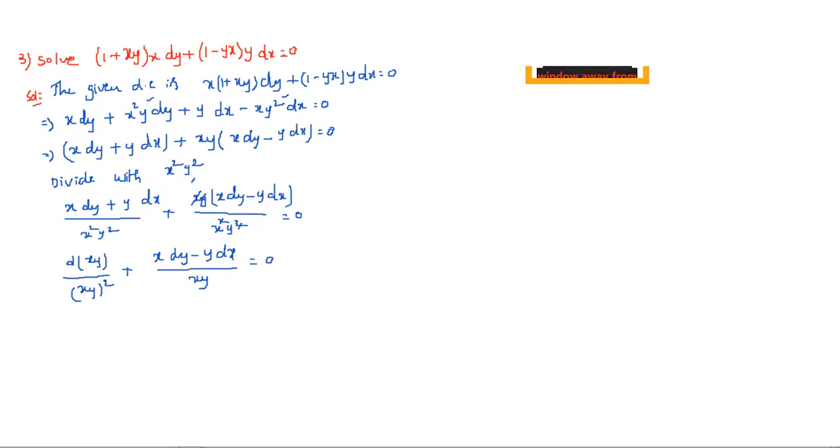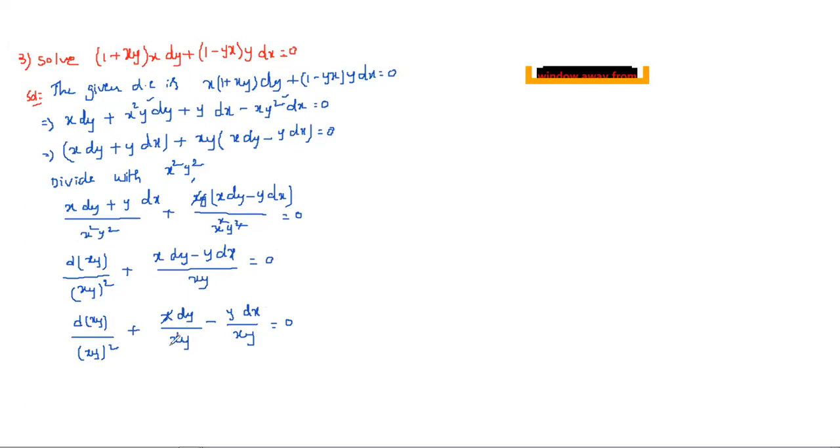I don't want to change anything here. Dividing, x dy by xy minus y dx by xy equal to 0.